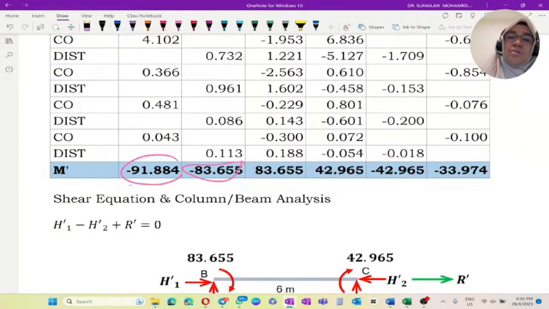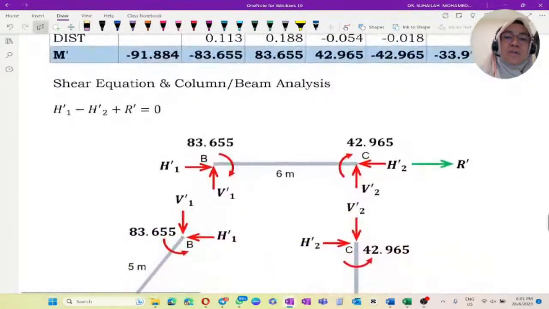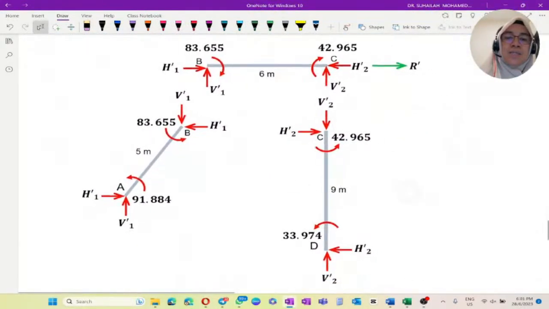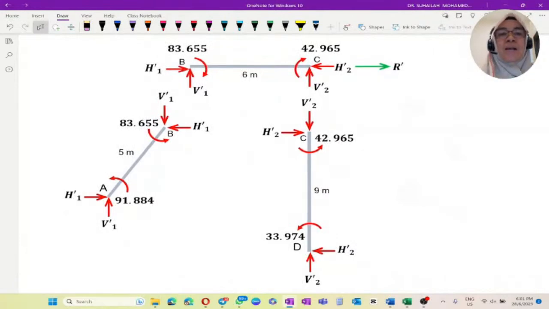Okay, so let's jump to this diagram. This diagram actually shows the free body diagram for each element, for each member. So I have actually drawn the elements, the members, separately.